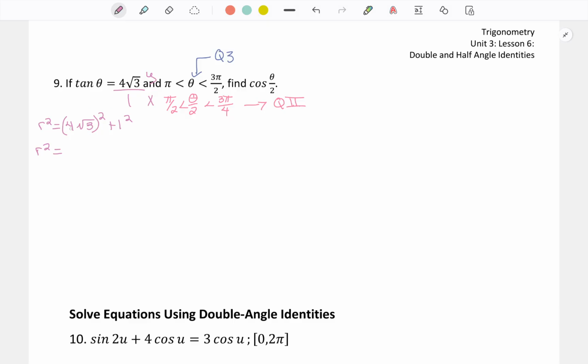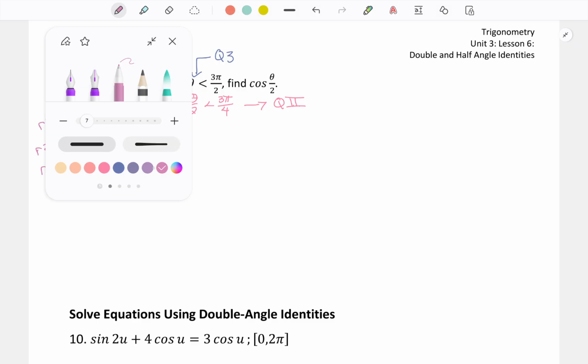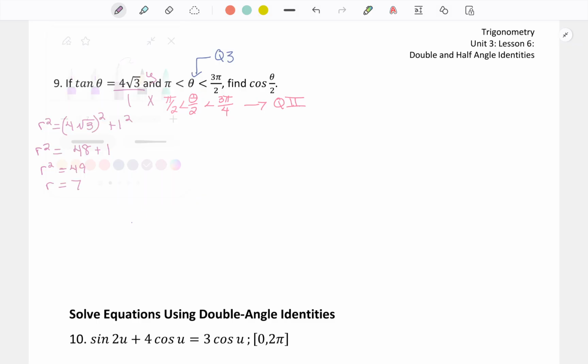And so we've got 16 times 3. When we square the 4 square roots of 3, that's 48 plus 1. So r squared equals 49. And so r equals 7. And so since our r is 7, our cosine for our identity is going to be 1 over 7. And technically, since we're in quadrant 2, that's negative.